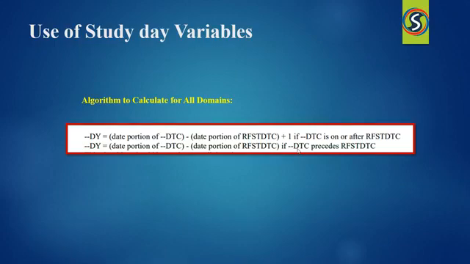VISITDY must not be populated for unplanned visits, since your VISITDY is the planned study day of a visit, and the actual study day of an unplanned visit belongs in your DY variable, that is where we are going to calculate.